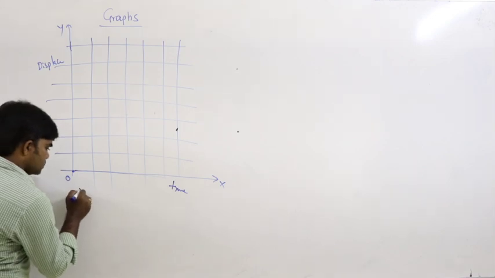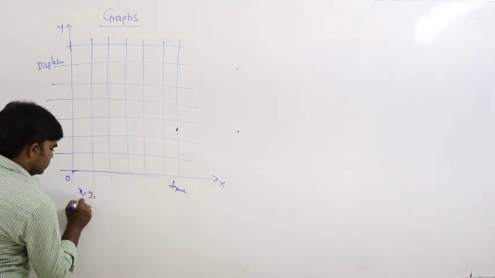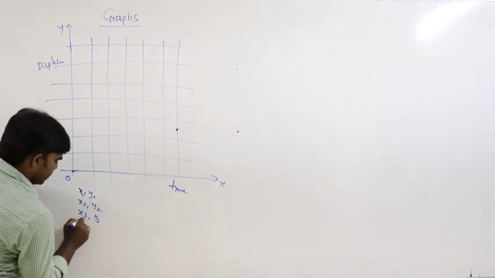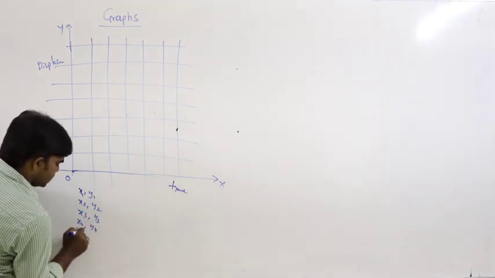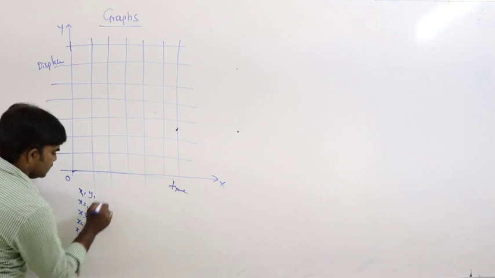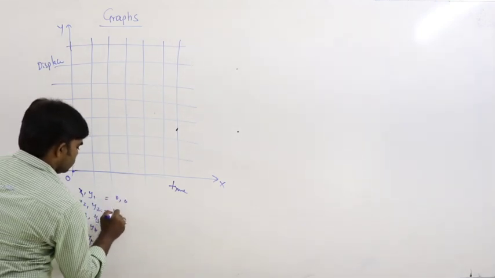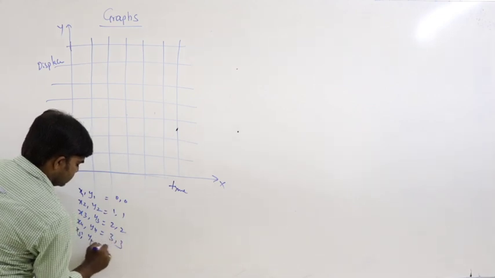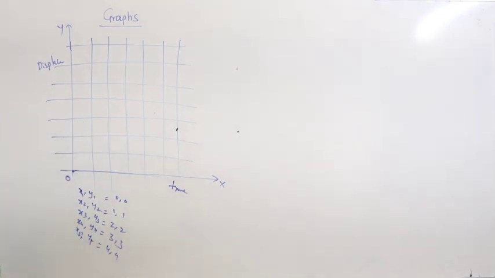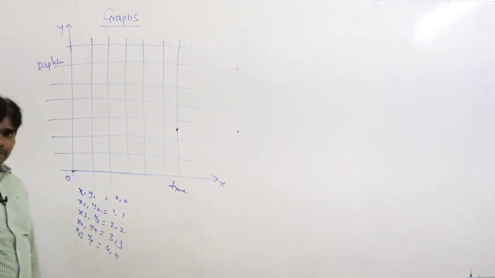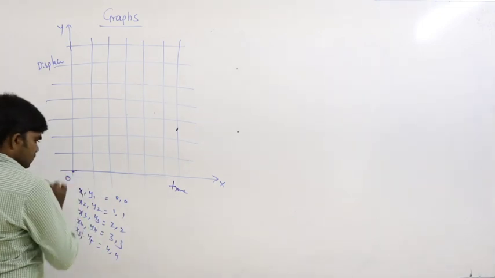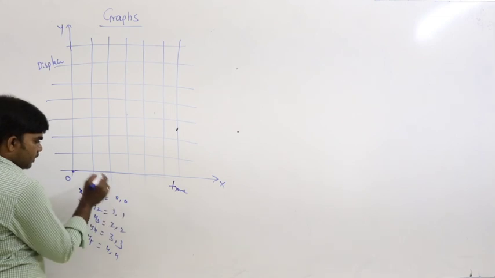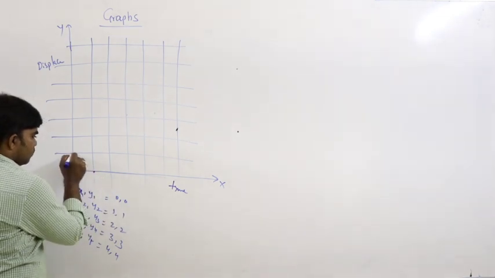So we know the points x comma y: x1 y1, x2 y2, x3 y3, like that. So 0 0, 1 comma 1, 2 comma 2, 3 comma 3, 4 comma 4. On graph paper, just like 0 0, the x component is 1, the y component is 1.